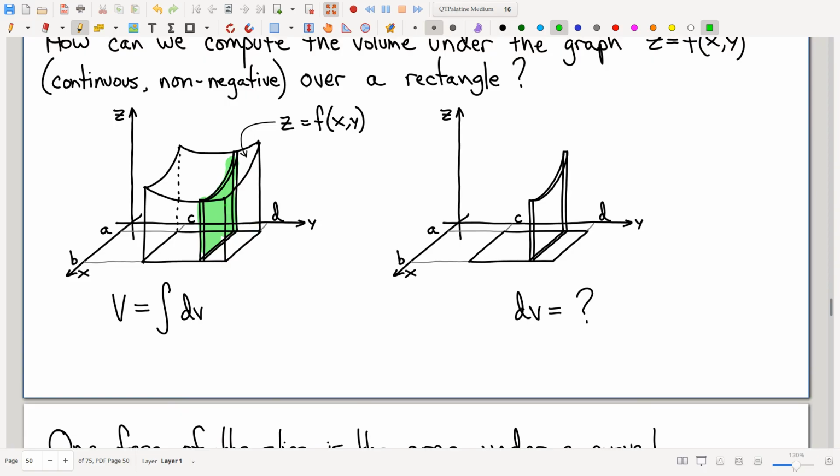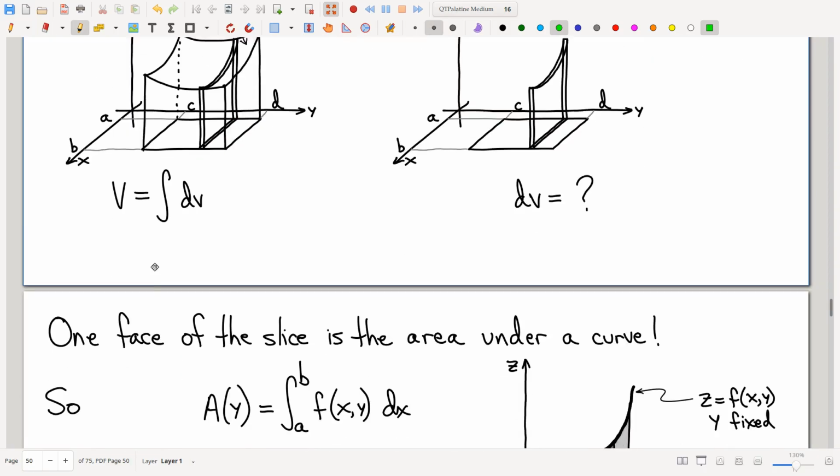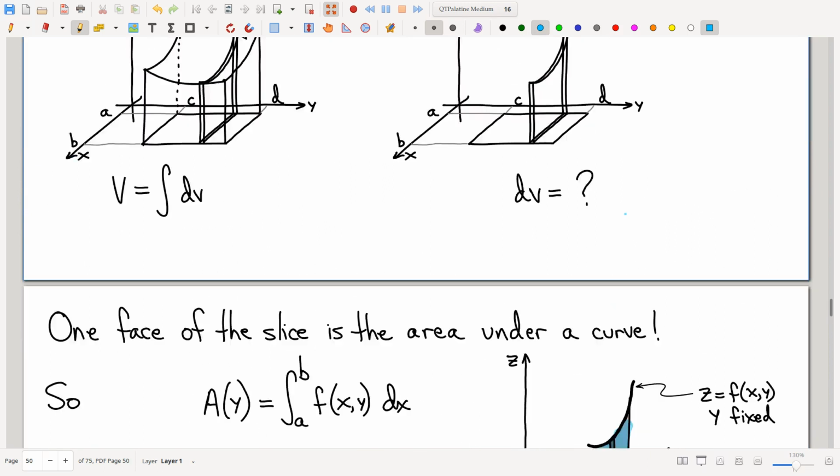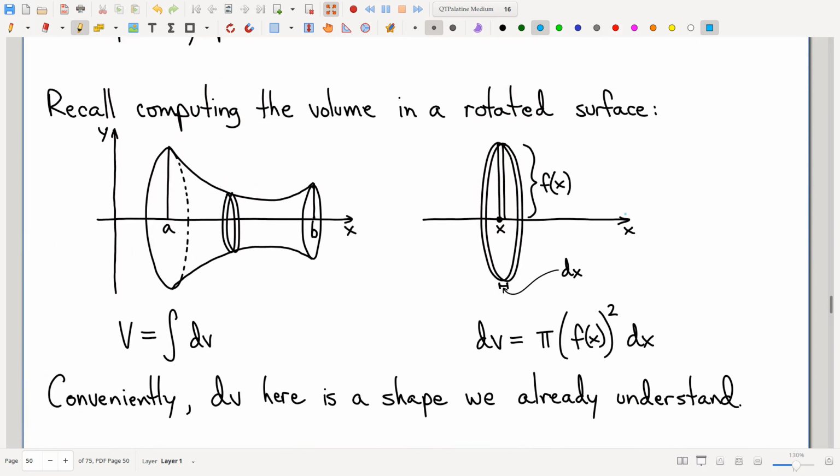And so, okay, fine, we're just going to have to figure out then what the cross-sectional area is, and that cross-sectional area here, how are we going to compute that area? Now, in the Calc 1 problem, we looked at the cross-sectional area and said, oh, hey, that's a disk, pi r squared, right?